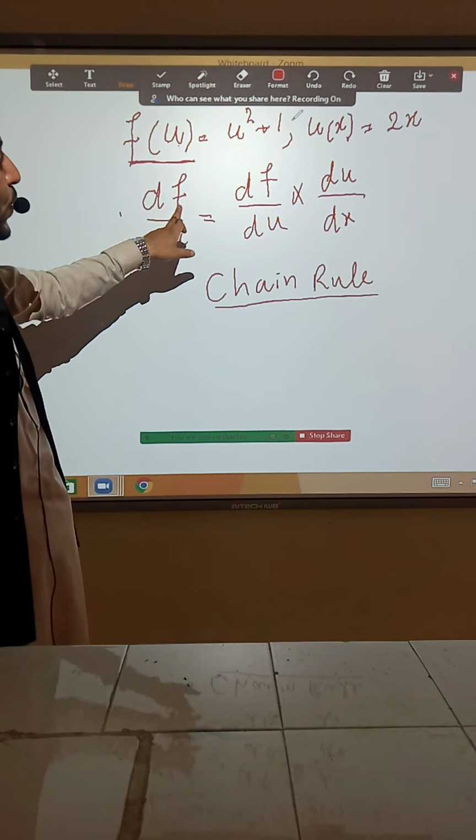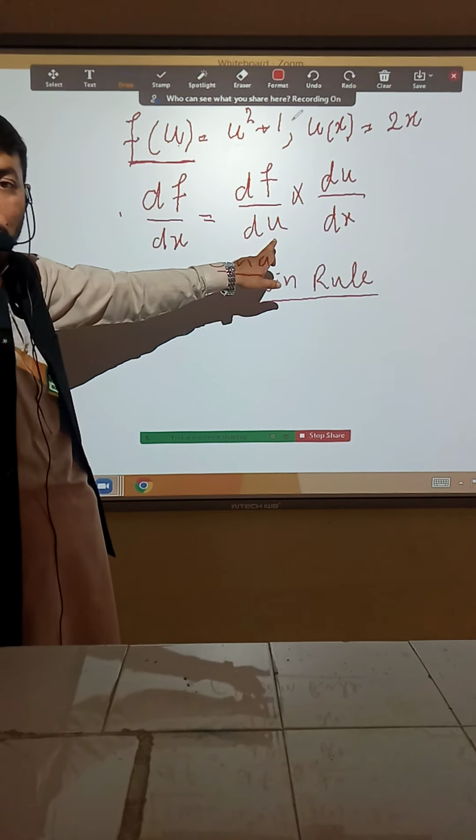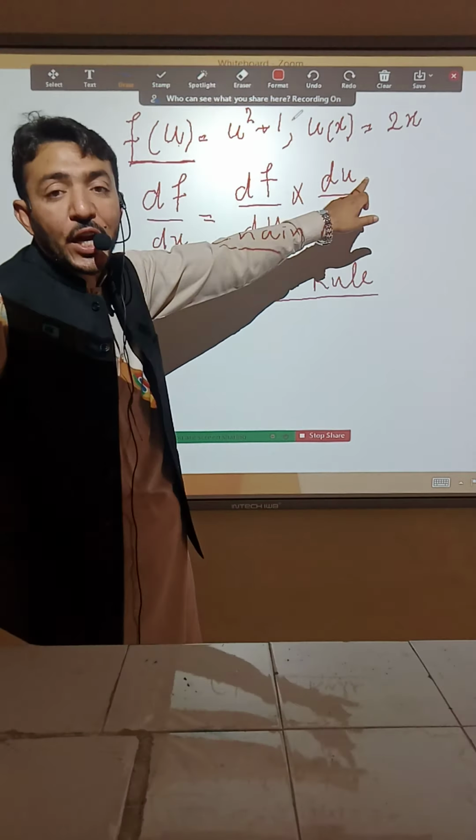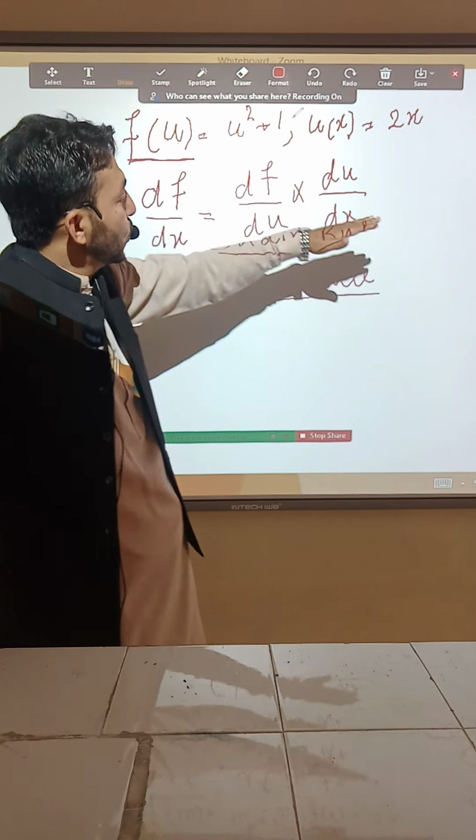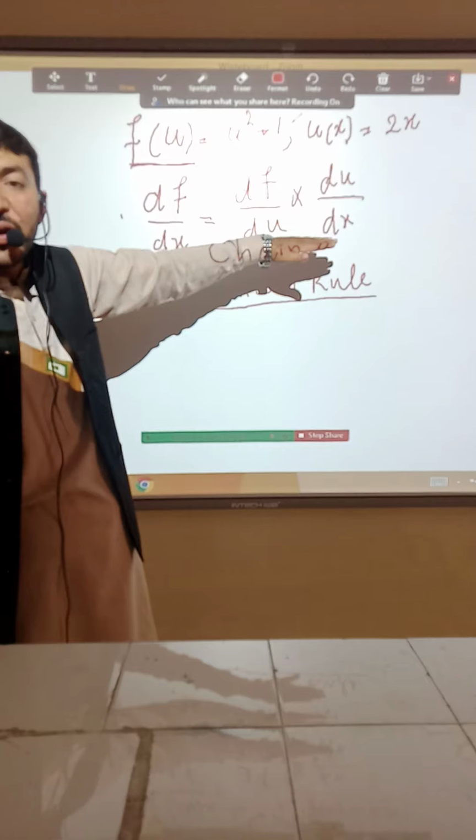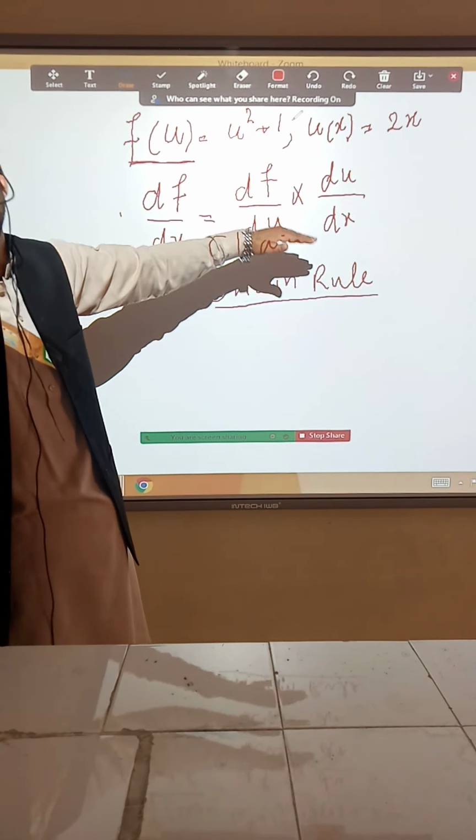So first of all you will differentiate the given function with respect to u and then differentiate u with respect to x. So this procedure is called the chain rule of differentiation.